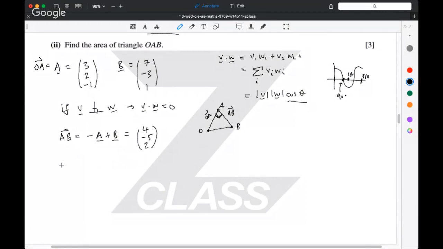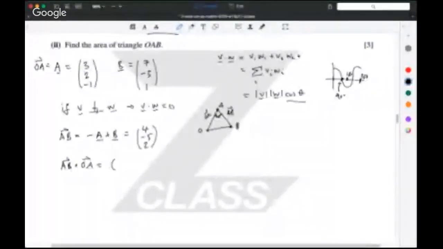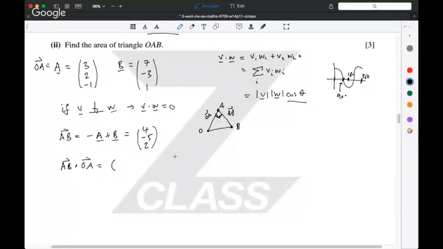So I'm going to talk about AB dot OA. The way it's usually written is that you write the first one as a row and the other one as a column. This will become more useful if you're planning to do matrices, because it feels the same as multiplying matrices together. Don't worry if that means nothing to you.